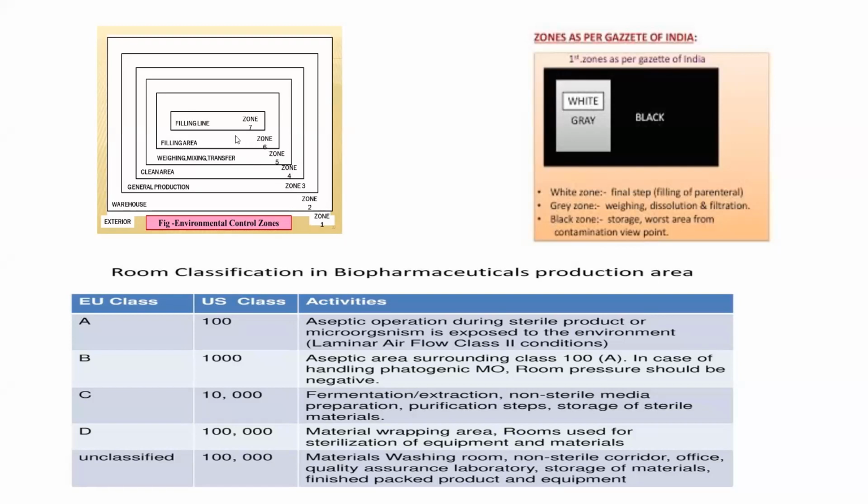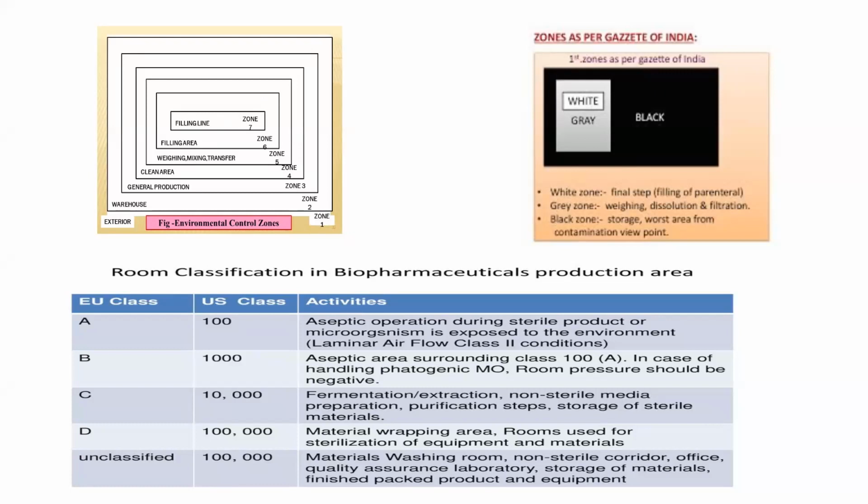Zone 6 is the filling area. This is a buffer area around zone 7. And zone 7 is the critical area where the product is actually exposed to the external environment. This area is critically controlled, and zone 6 surrounds this area to prevent microbes from going into zone 7.